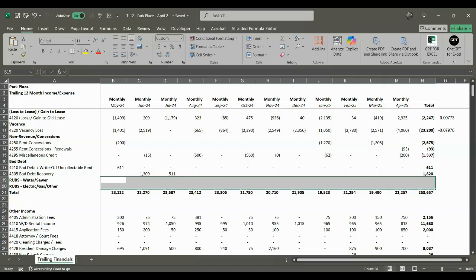If you're at the high end of the market rent and nobody else is charging RUBS, it may be a challenge. But if your rent is under market, combined with the RUBS, if that makes you at market, you may be able to charge them back.